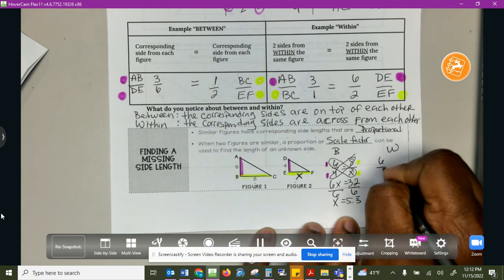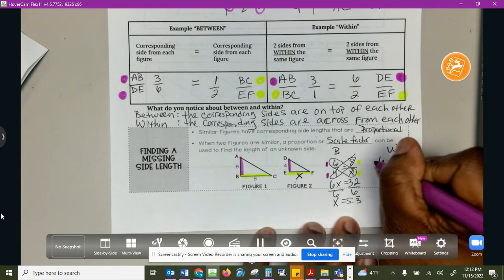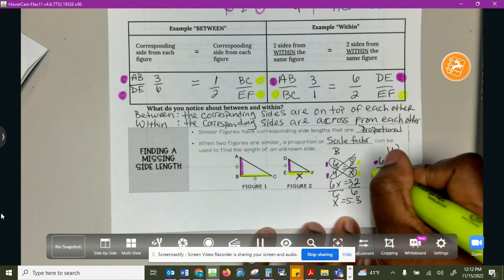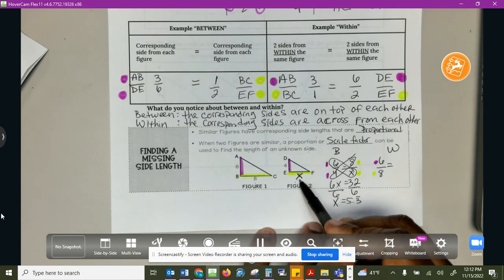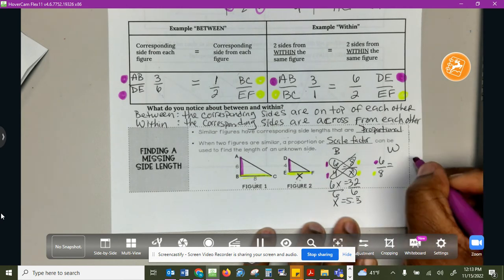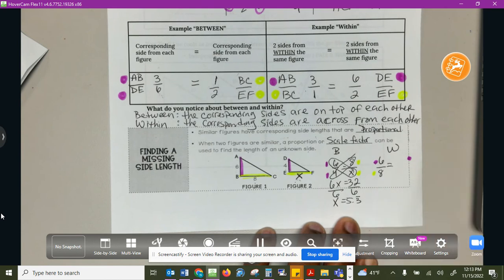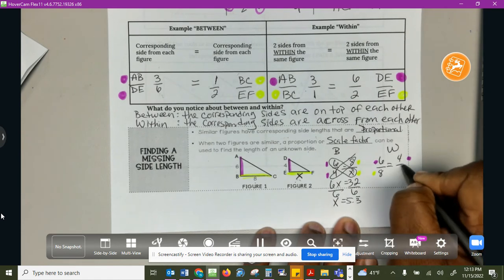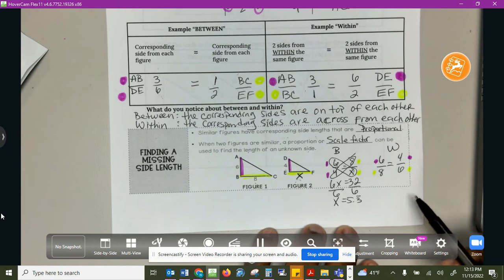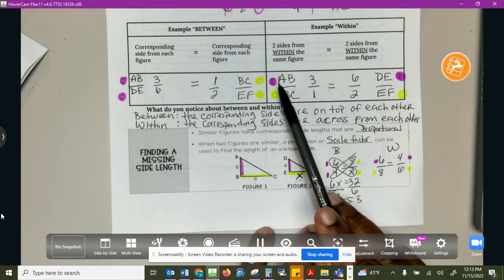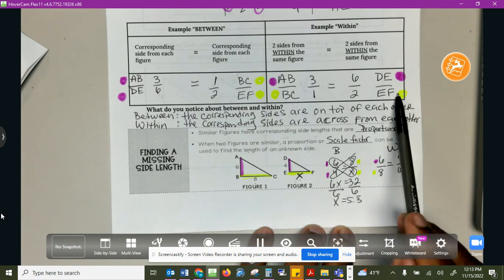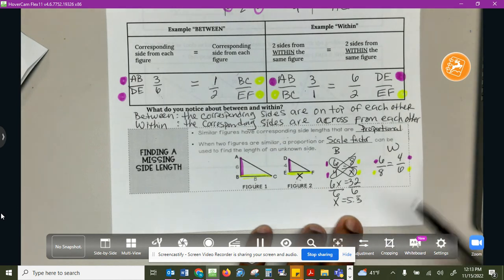So I can say 6 to 8, which would have been purple to yellow, is equal to 4 to 6. And I can check for my within. I should have the same color across from each other, so I know I got it set up right.